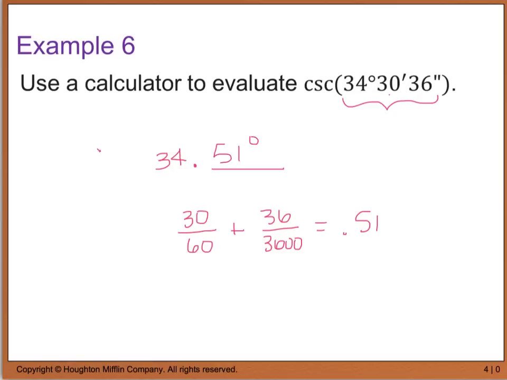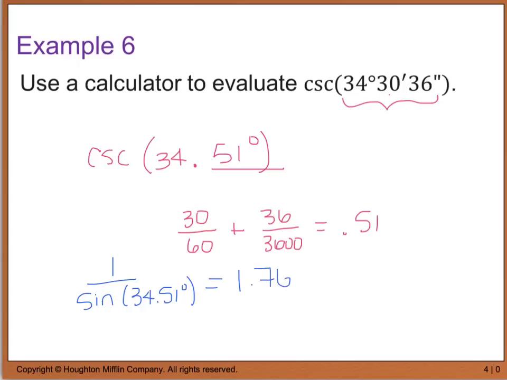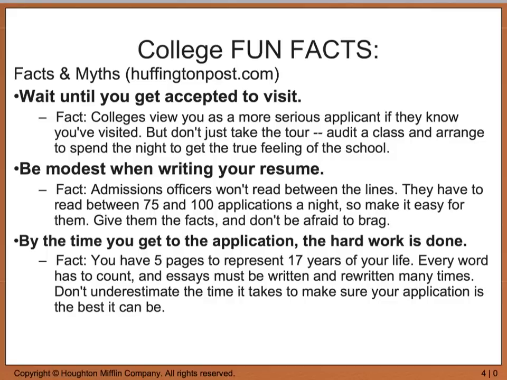And I'm really going to take the cosecant of that. Now when we do the cosecant, in my calculator, I'm going to type that in as 1 divided by the sine of 34.51 degrees, must be in degree mode, and when we do that, you should get 1.765.